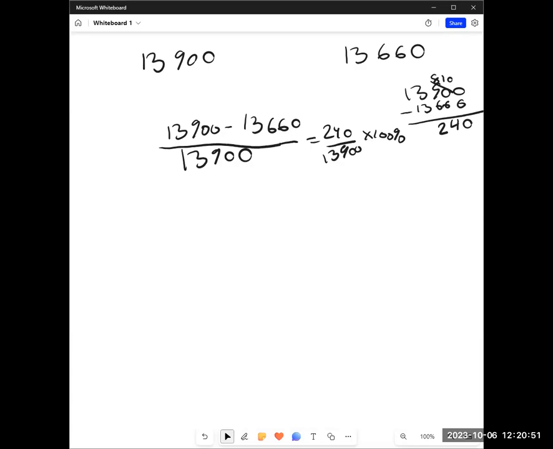So I'm going to go out to the thousandths place value. So this is going to be 1.7 of a percent. And remember, this is a decrease because we're not using positive and negative signs to indicate increase and decrease. We need to say that it's a percent decrease.